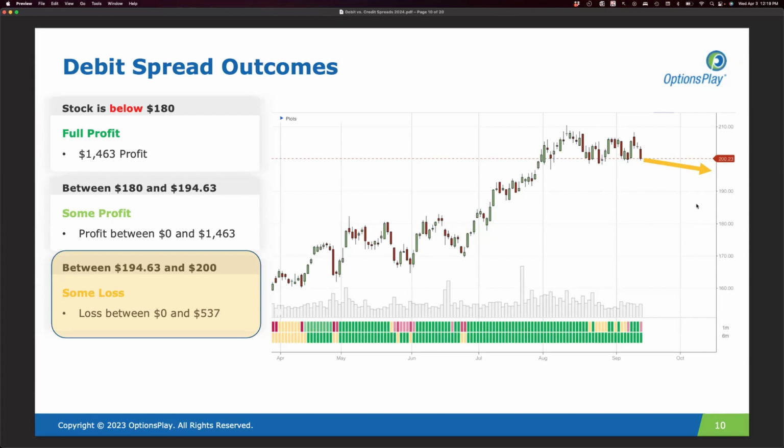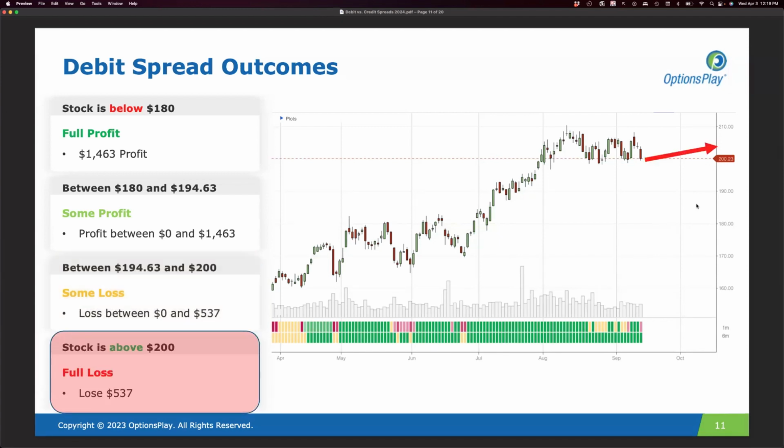Because if you just bought that put option, you have $775 worth of risk. Here, you only have $537 worth of risk. So you reduce your risk by over $230 or so. So in this particular case, you could still have some losses, not a lot, but you will have some losses in this particular example.